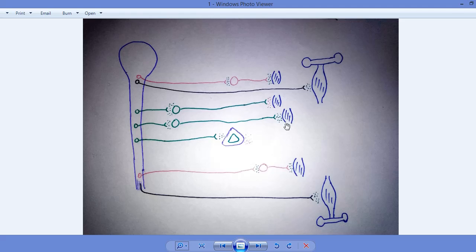Over there, the postganglionic neuron which gives nerve supply to the sweat gland will secrete acetylcholine.